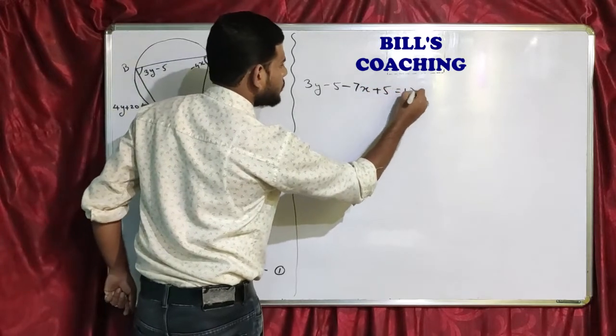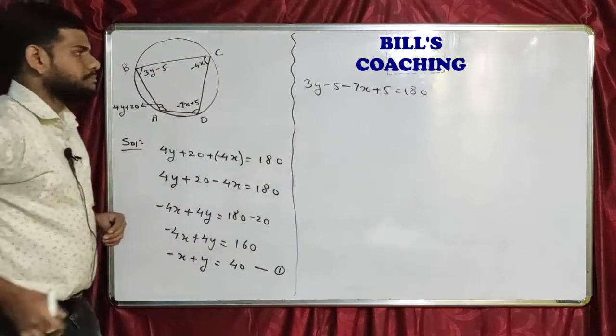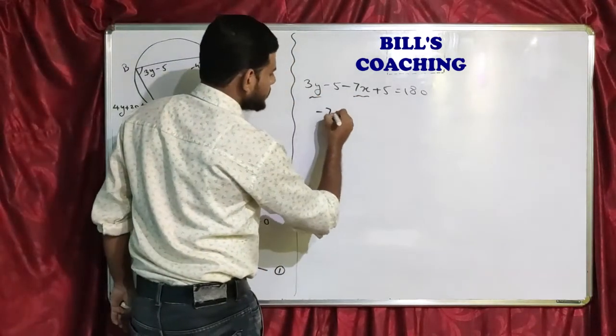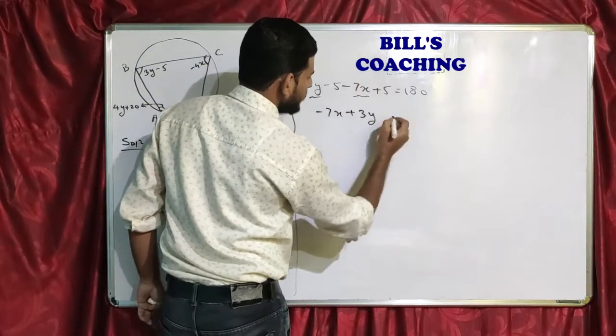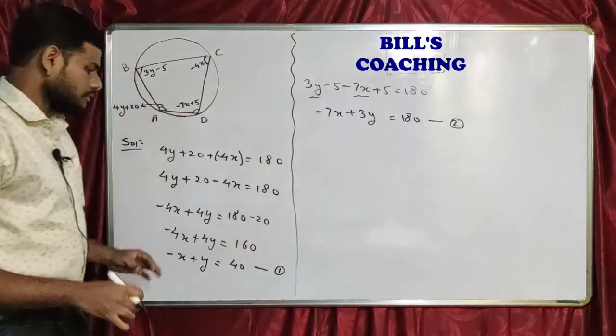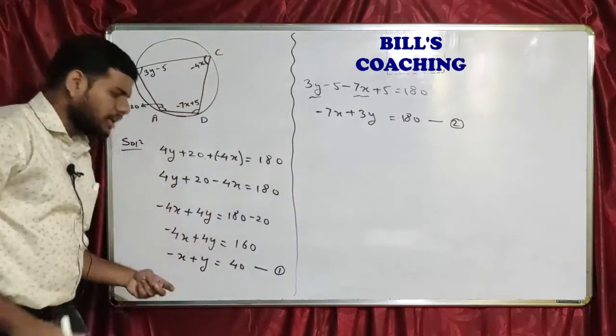Plus 5 should be equal to 180. Actually, we are adding two angles. Okay, I'll skip one step. Now, check this. Bring this on this side. Minus 7x plus 3y minus 5 will get cancelled. What will remain is 180, and this is our equation 2. Now, this is our equation 2. This is our equation 1.